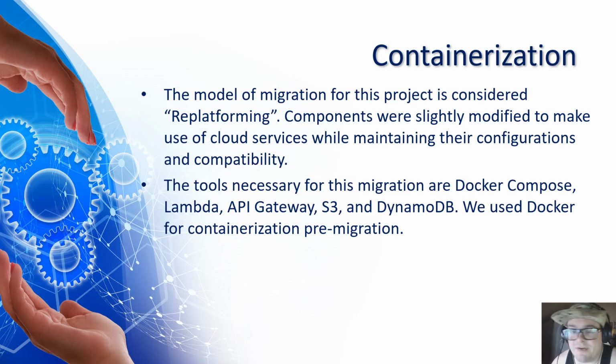The tools necessary for this migration were Docker Compose, Lambda, API Gateway, S3, and DynamoDB. We primarily used Docker Compose for the containerization, and that was done pre-migration. We placed them in the containers, and then we moved forward.